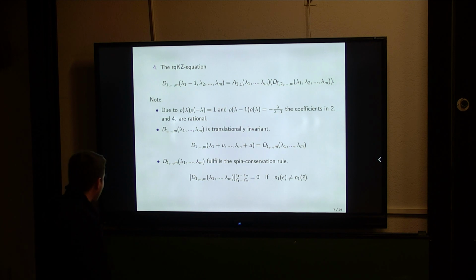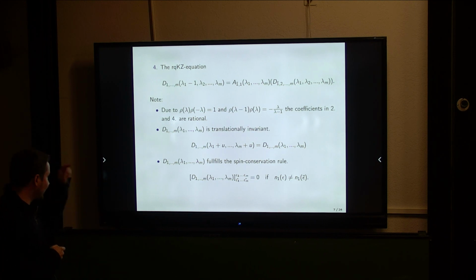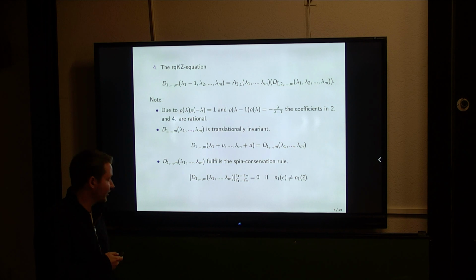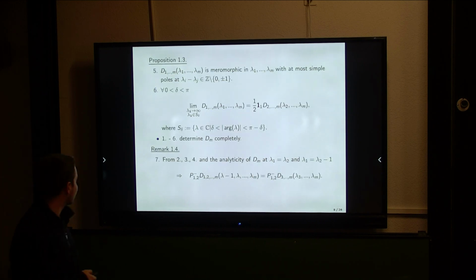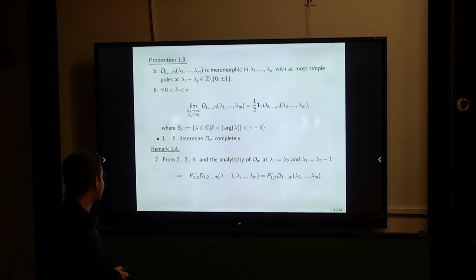Okay. So as I said, the components in the R matrix relations and in the RQKZ equation are rational. And as you know, the density matrix is translationally invariant. It fulfills the spin conservation rule. You should be quite familiar with that.